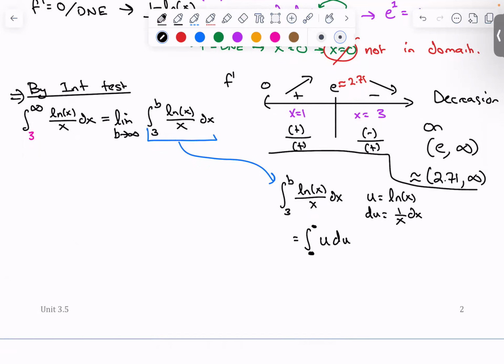I guess I technically should write from x equals 3 to x equals b, but dot to dot. So this is equal to u squared over 2 evaluated from dot to dot, which is ln of x squared over 2 evaluated from 3 to b. Any questions on that?